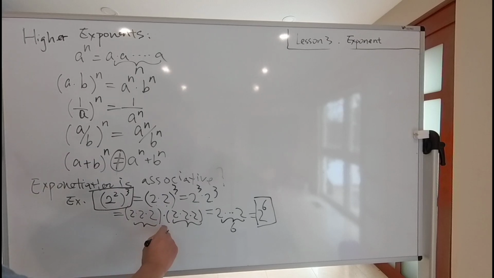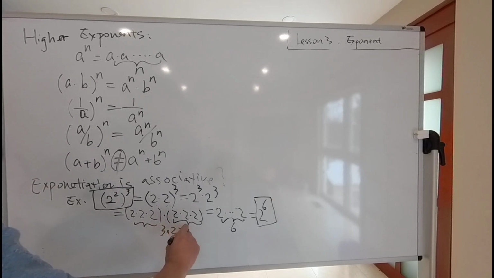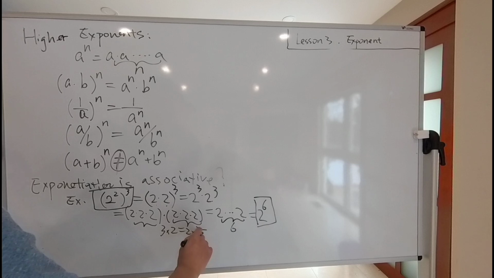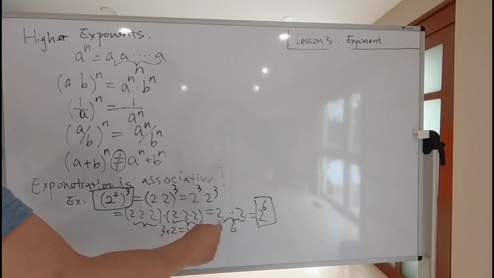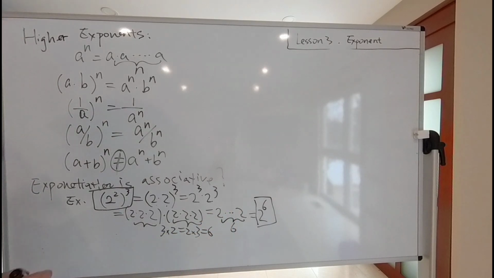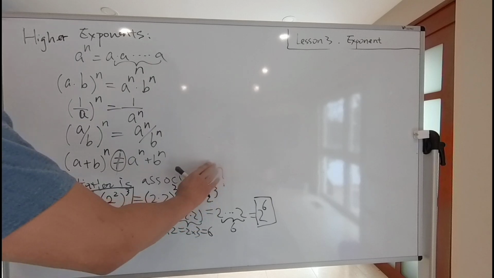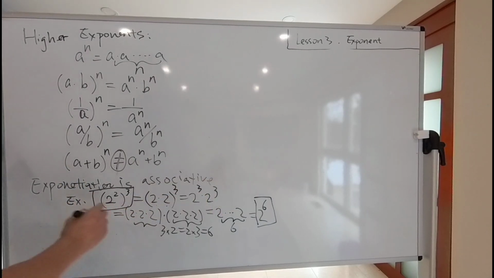So either 3 times 2 or 2 times 3, it doesn't matter, depending on how you expand this number, it's always equivalent to 6 items. So this is true.